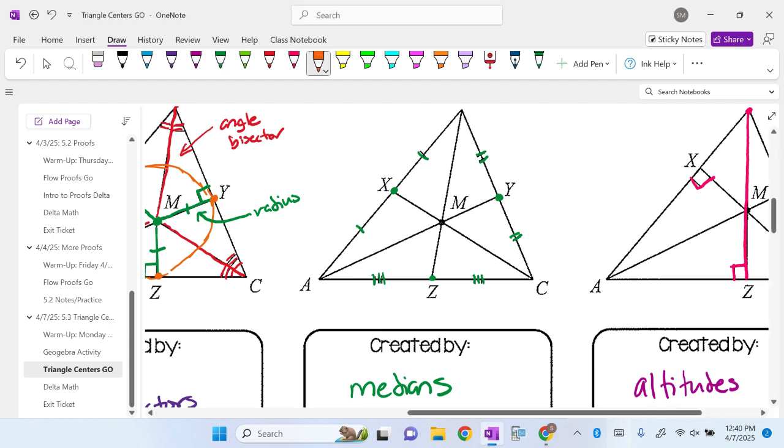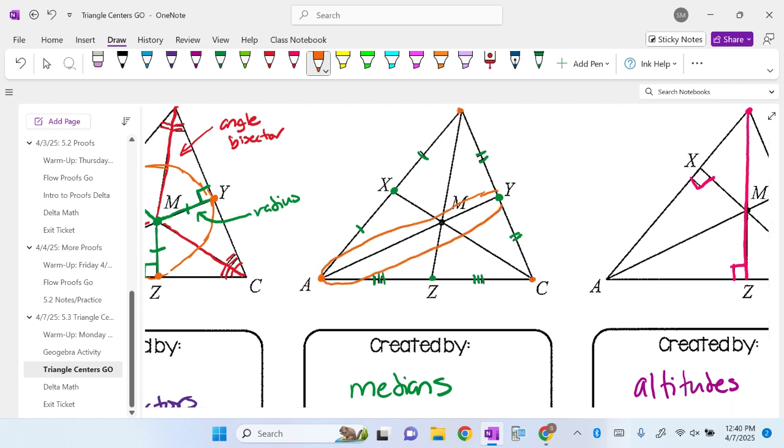All right. So, for example, if I'm looking at one of these medians, so let's just say YA. All right. This orange is considered just the median. The whole line is considered the median. Now, the median can be broken up into two segments from where it hits the centroid. The short segment and the long segment.